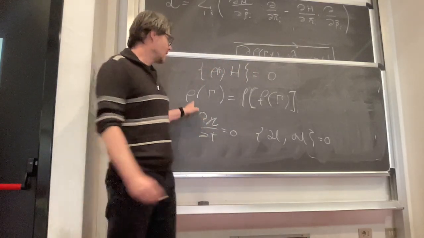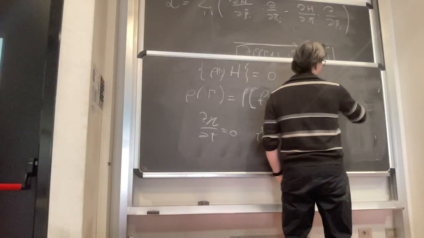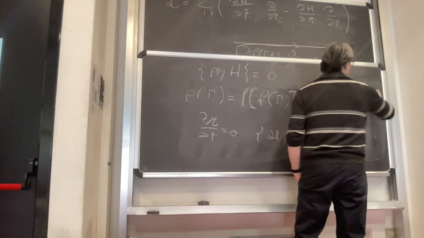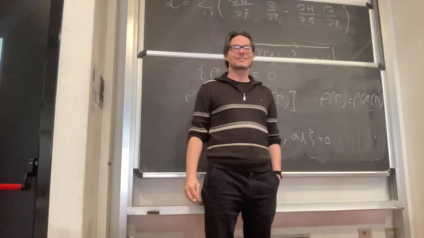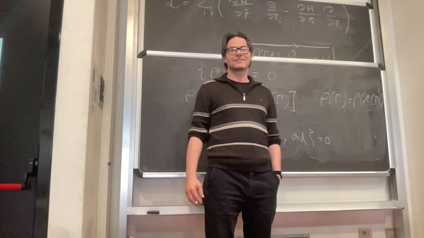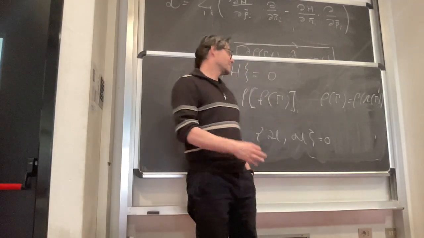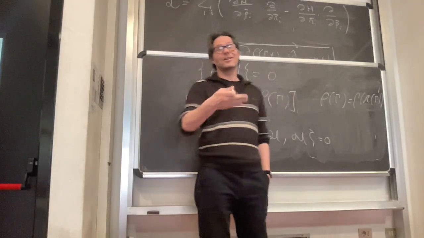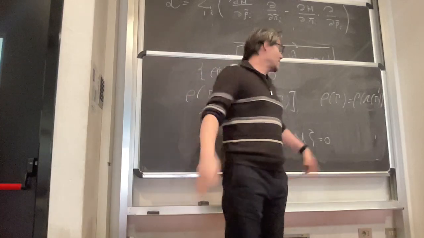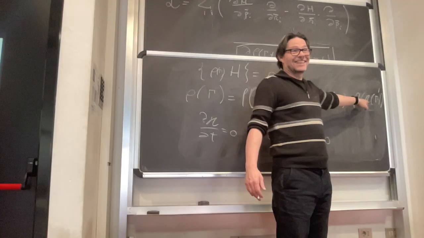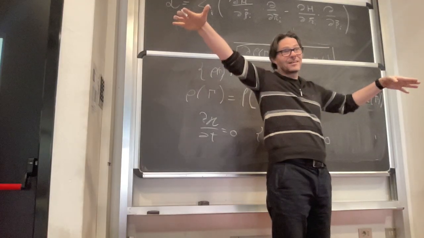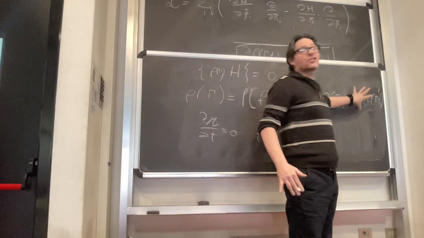Then rho of gamma is in fact a rho of H of gamma. And in fact, you probably know in the microcanonical setting, this is absolutely true, because basically it is a delta function of H, the ergodic surface.